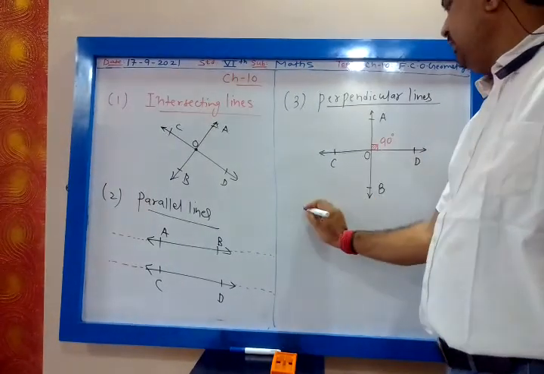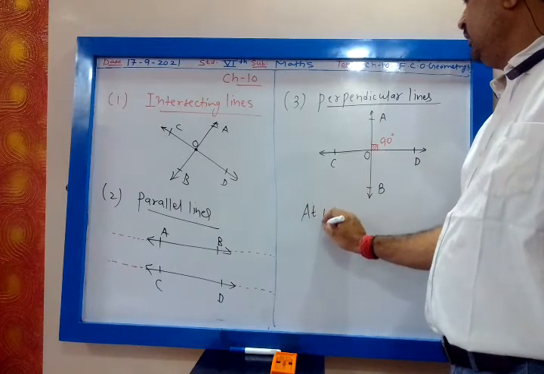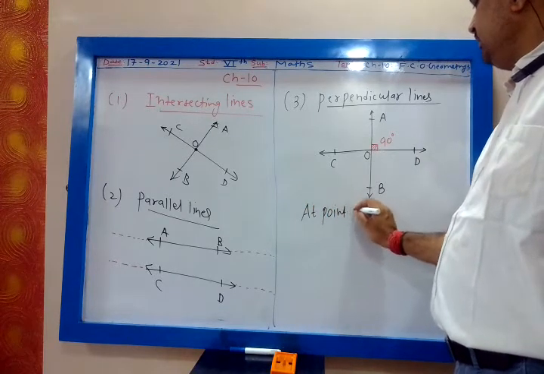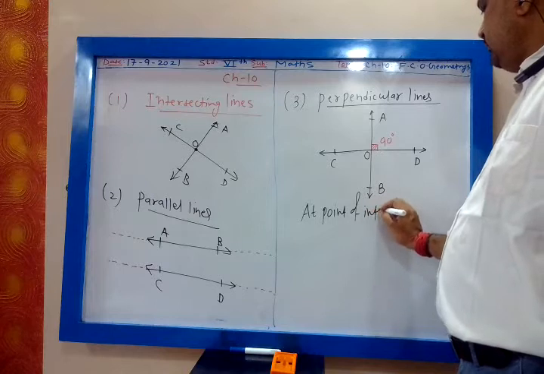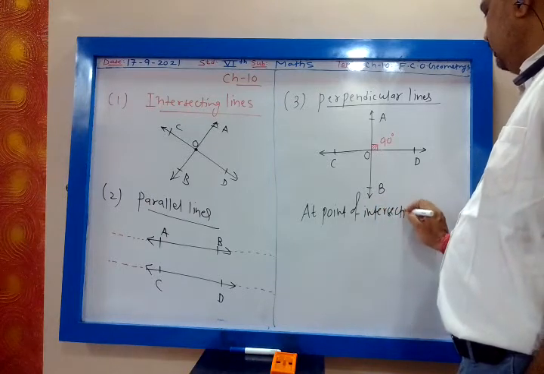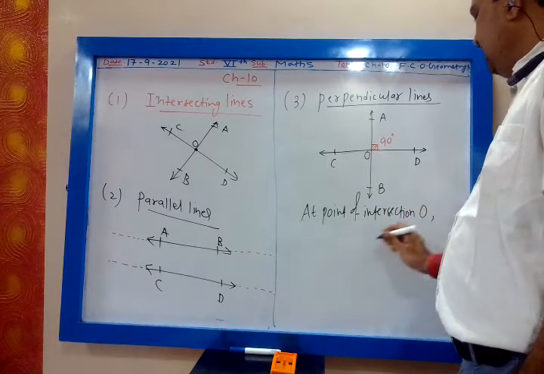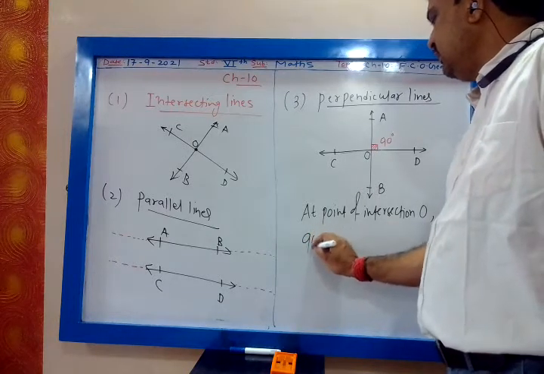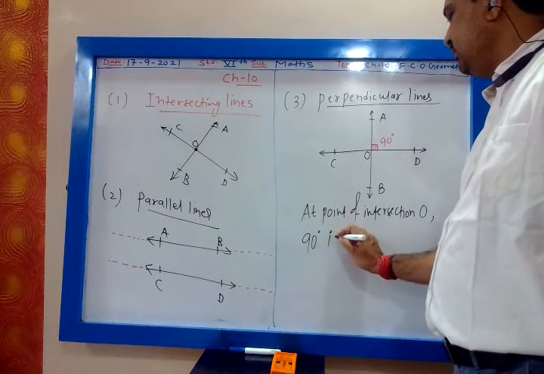Okay? At point of intersection O, a 90-degree angle is formed.